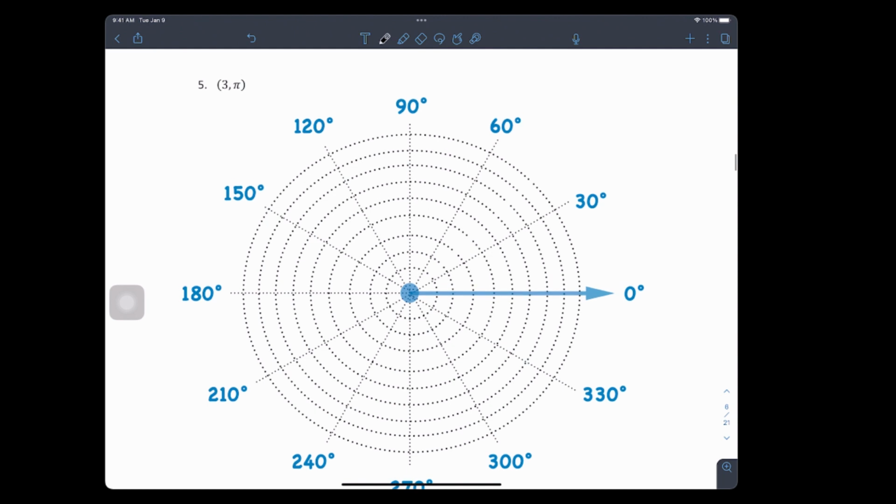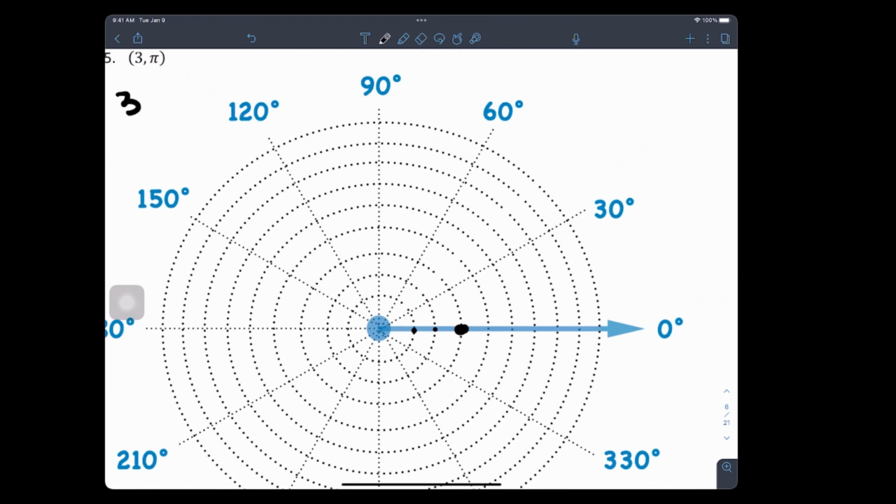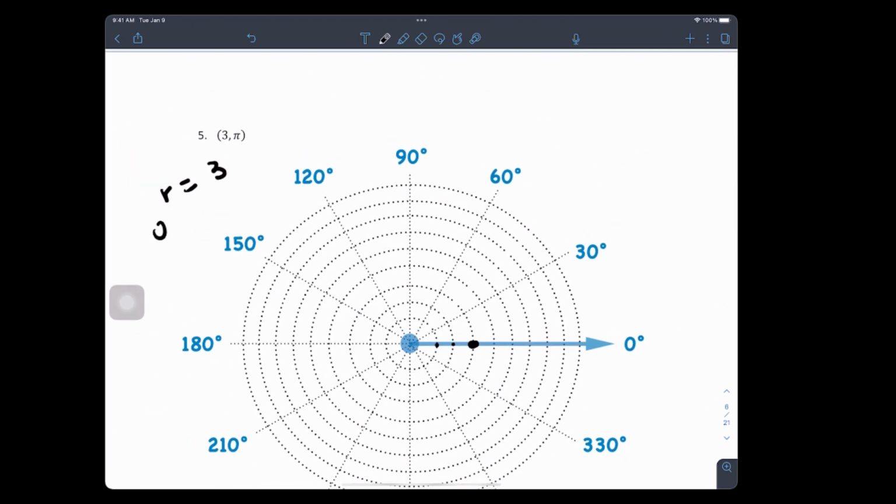All right, where's 3, pi going to be then? So if I go with that system, I'm going to use my radius here, 3. 1, 2, 3. I have to rotate pi. So I take our polar axis, and pi, isn't that one half revolution, 180?